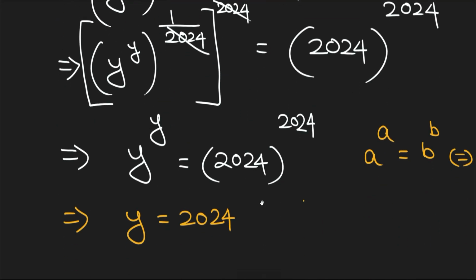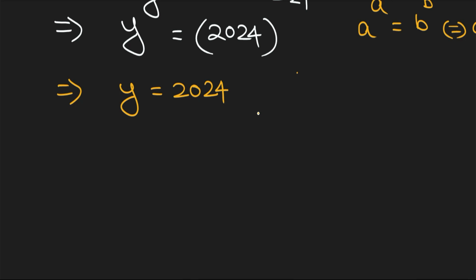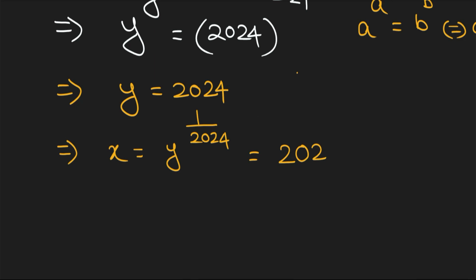Then we can write the answer as x is equal to y to the power 1 by 2024 is equal to 2024 whole to the power 1 by 2024. Hence, this is the answer.